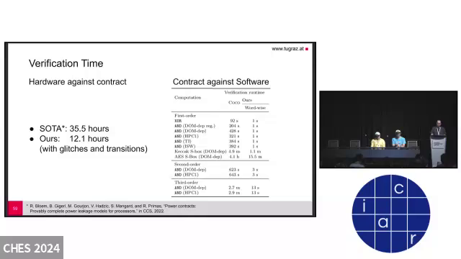For verifying the contract against software, we performed verification on a bunch of different gadgets and S-Box implementations. For instance, when verifying the AES S-Box with DOM DEP gadgets, Coco would take 4.1 hours, and our approach only takes 15.1 minutes.